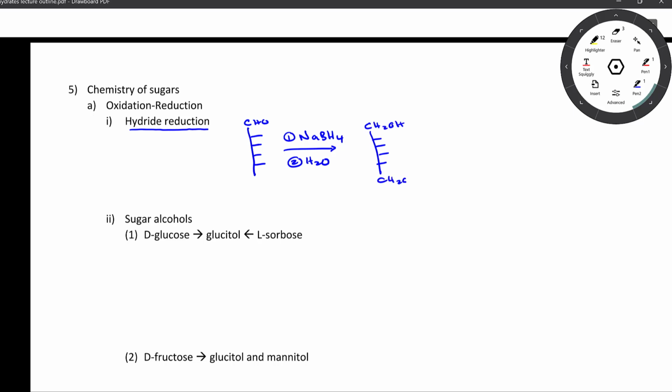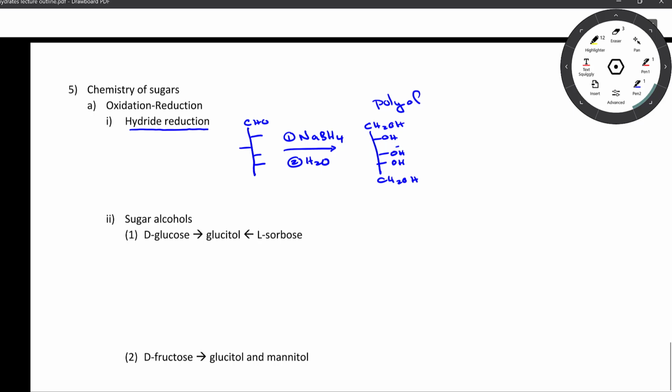And at the bottom it's still CH2OH. This is what's known as a polyol. So a polyol is a polyalcohol, has many OH groups, so each one of these is an OH. These, it turns out, have, oops, sorry, that wasn't glucose. This would have been glucose.